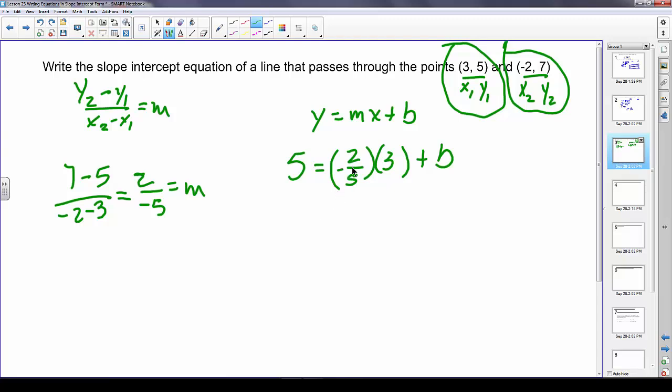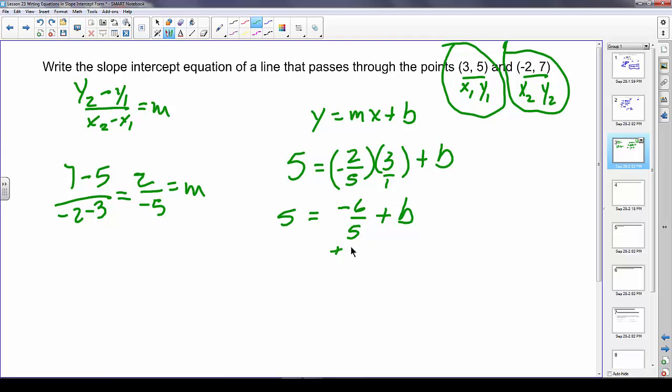So in this case you'll notice there's no reduction here, so I'll have negative 6/5 plus b is equal to 5. Now I'll have to add 6/5 to both sides, and if I want to I can clear a fraction. If I don't want to, I don't have to either.